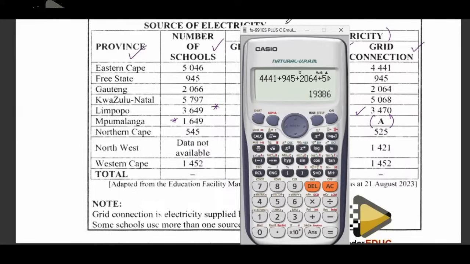So when we add the normal numbers, this is the answer that we get.